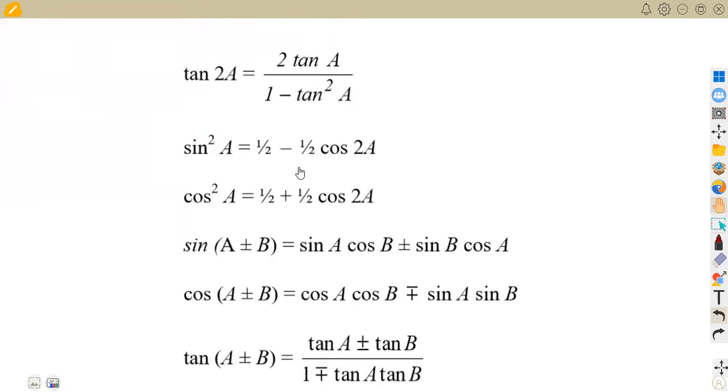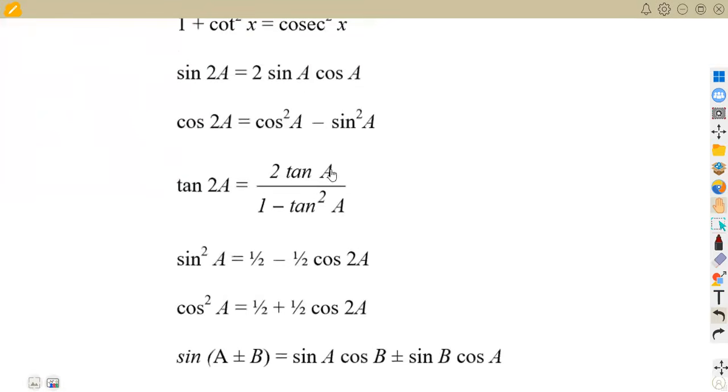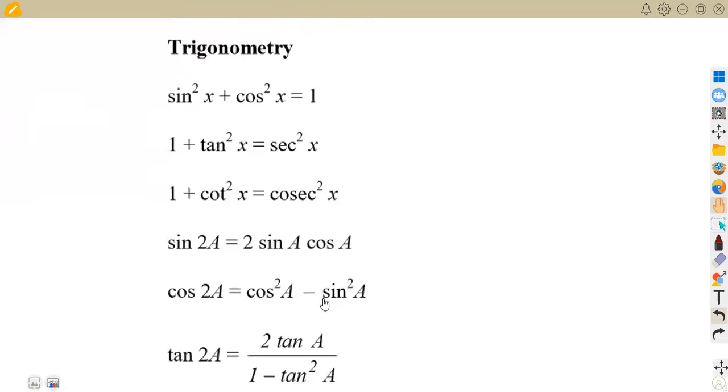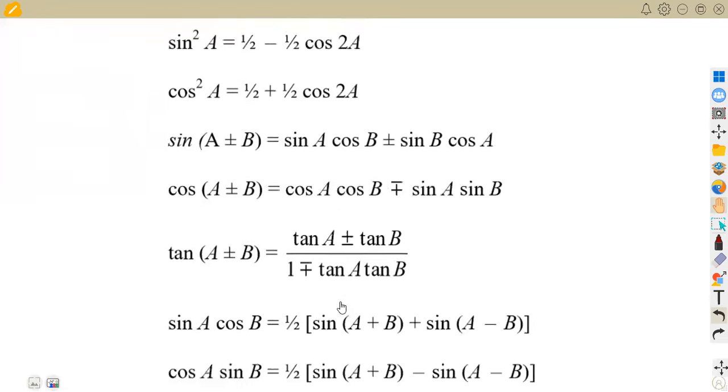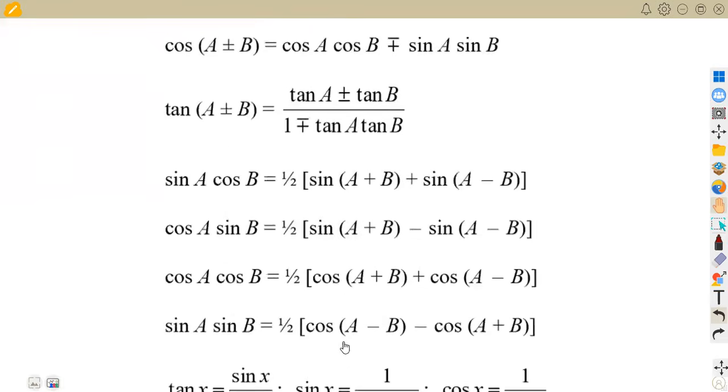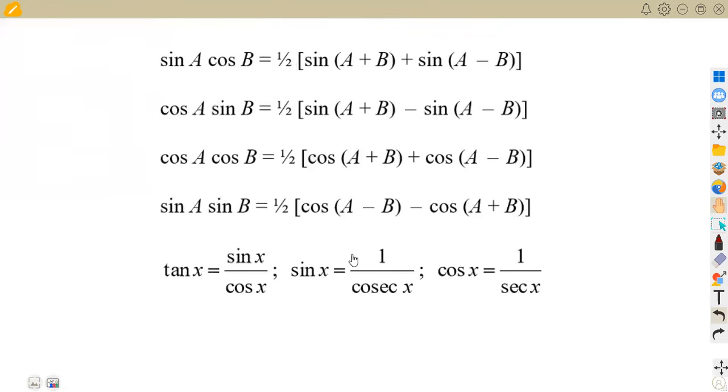And also the advantage that we have is that they tried by all means to list a lot of identities. So there's no identity where you're going to be looking to say, which one is it that I need? Even from tan x, cos x, they tried by all means.